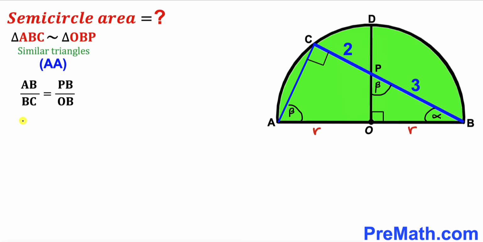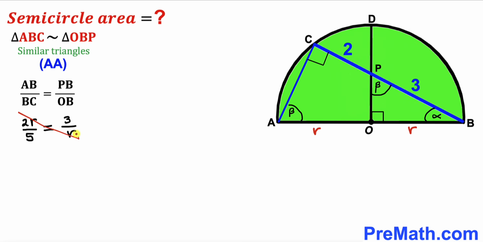So we have 2r divided by 5 equals 3 divided by r.